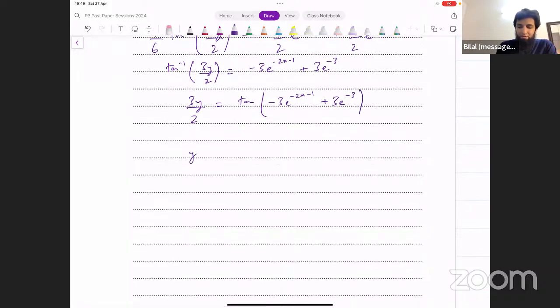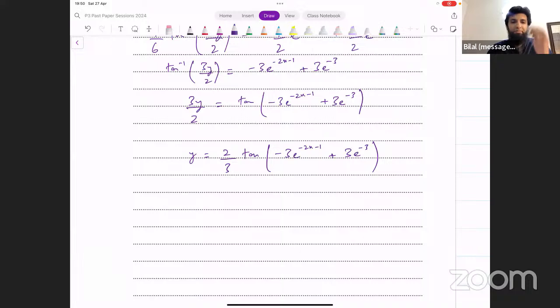And that gives us y equal to, this goes to the other side, gets multiplied, 3 gets divided on the other side, and we have y equals 2 over 3 into tan of minus 3e raised to the power minus 2x minus 1 plus 3e raised to the power minus 3. This is the final result that we get from this, y in terms of x.